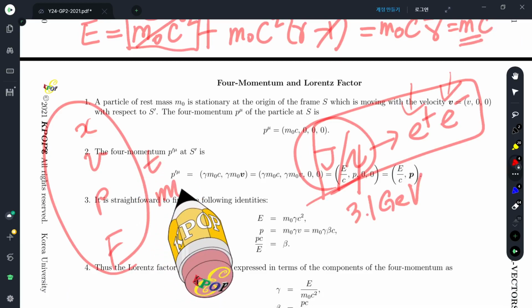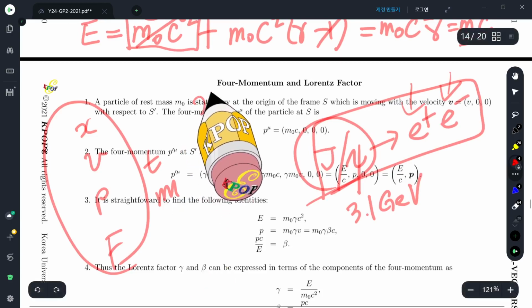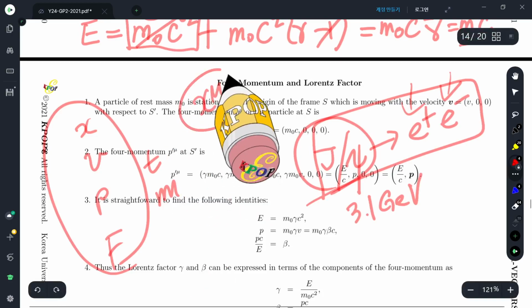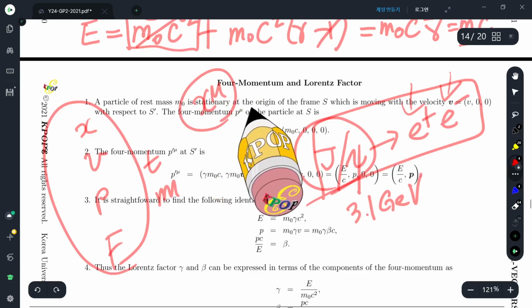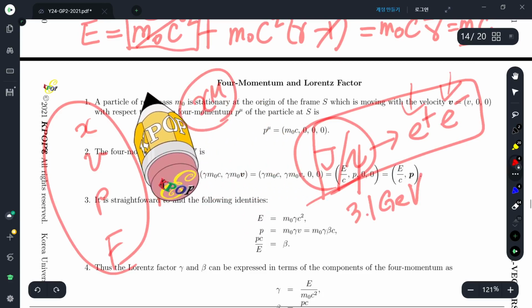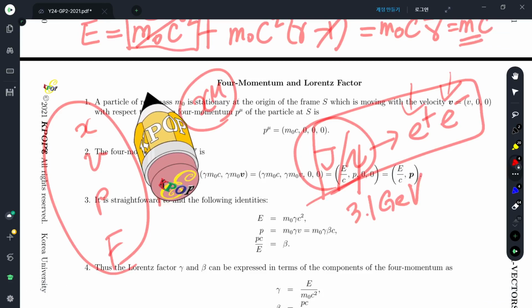We generalize this idea to the four-vector for displacement that directly came from the time dilation of space-time coordinates, discovered by the Michelson-Morley experiment.